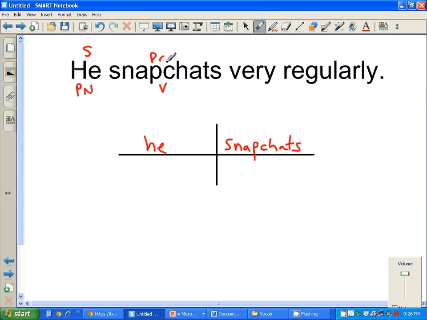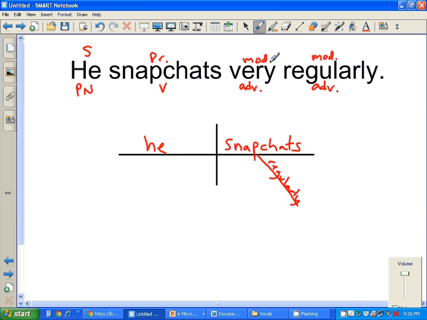Now, regularly tells us how often or when he Snapchats. So that's going to be our main modifier here. Hopefully you didn't get tricked by this one. This is also an adverb, very, and it's also a modifier. But what you've got to ask yourself is, what word does it modify?